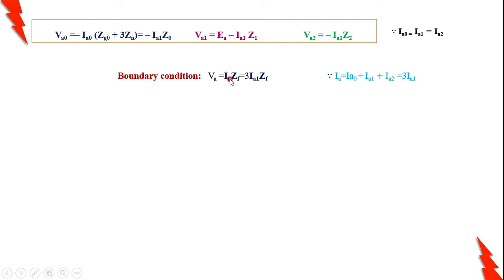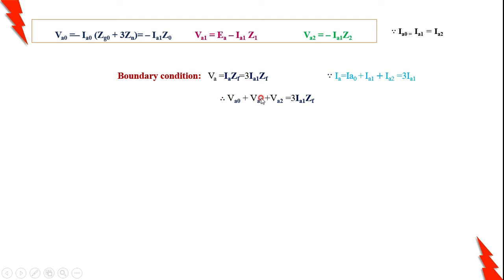That is quite evident from this relation because IA0, IA1 and IA2 are the same. Therefore, I am writing VA as 3 times IA1 into ZF.